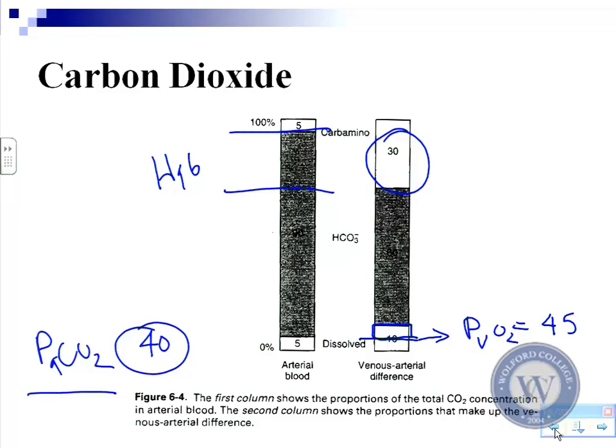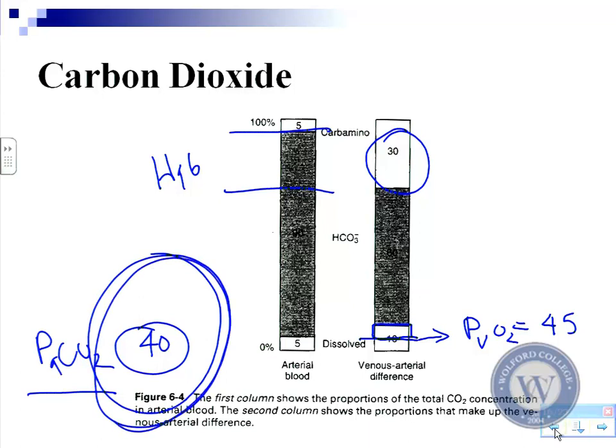So when you look at the alveoli, it concentrates to what level? If you had perfect equilibration taking place, where is it going to equilibrate to? It can't go below that.